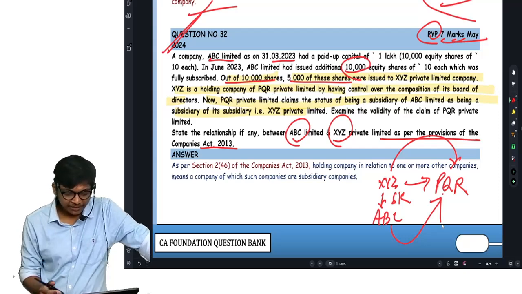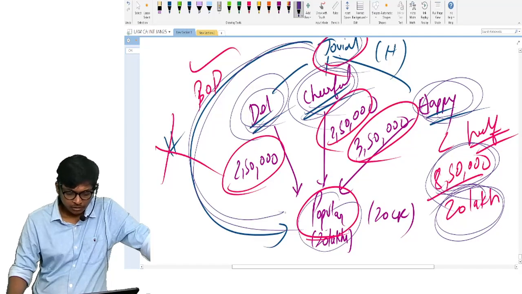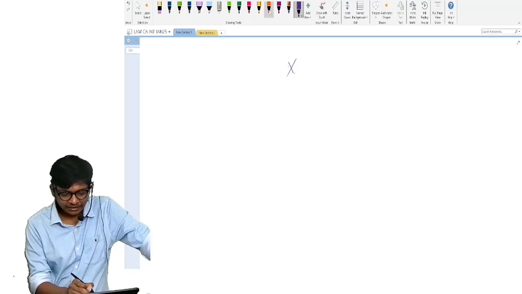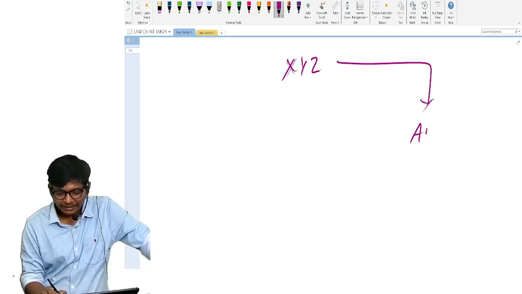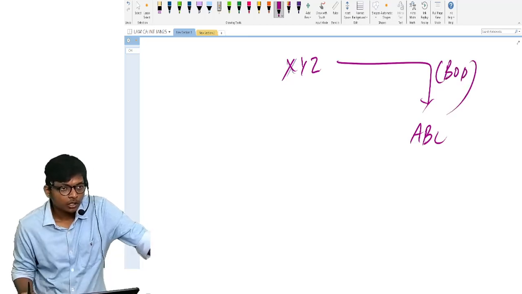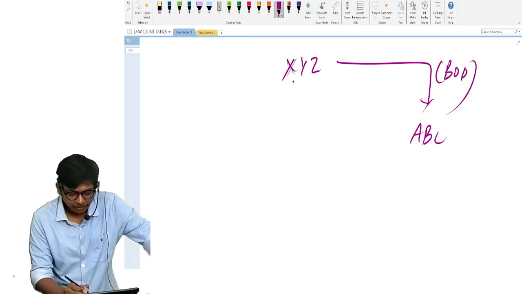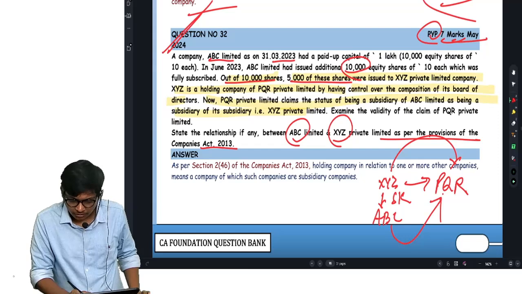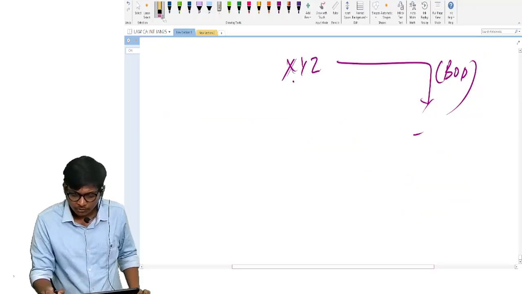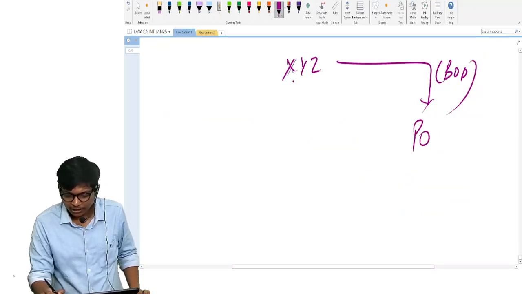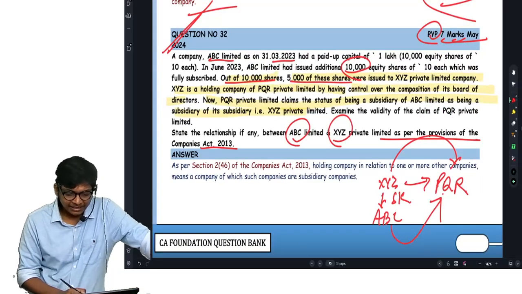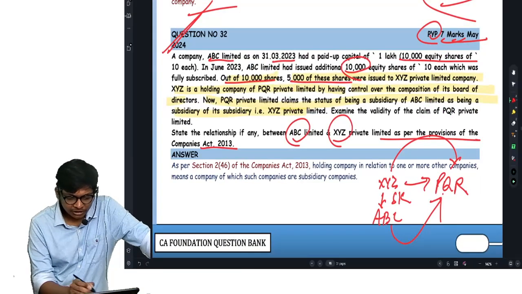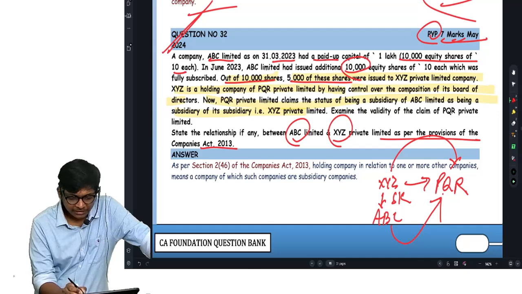I'll again repeat, guys. I will draw the diagram. XYZ is the holding company, correct? XYZ in ABC, it already has controlling composition of board of directors. In some other company, the ABC, sorry, not ABC. In PQR, you control composition of board of directors. ABC having 10,000 shares of 10 each, it has so much.